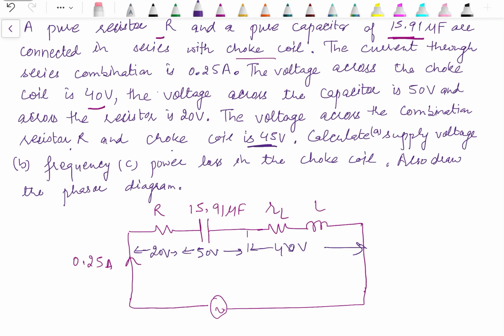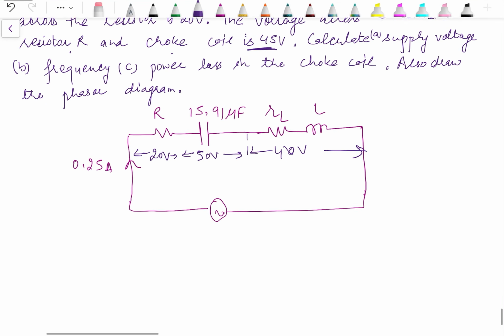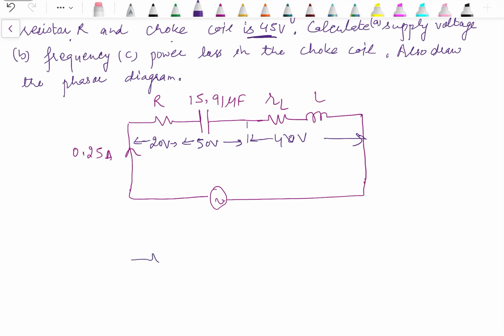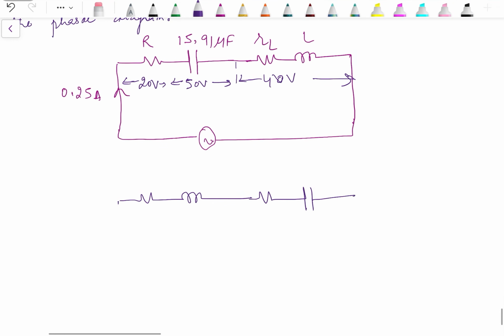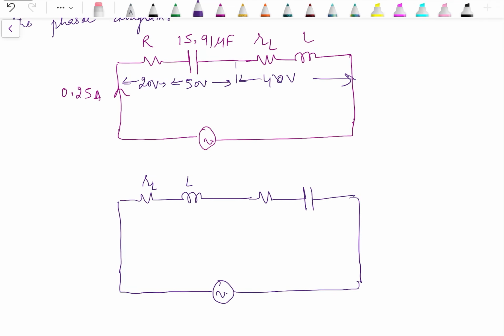Okay, so let's just redraw this. Firstly, draw the choke coil, then resistance and capacitance, so that we can mark the voltages clearly in the circuit. RL, R, C. C value is given, that is 15.91 microfarad.